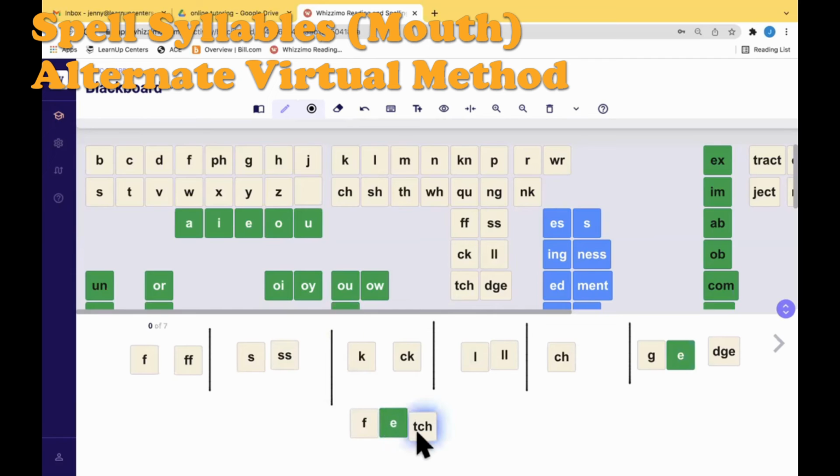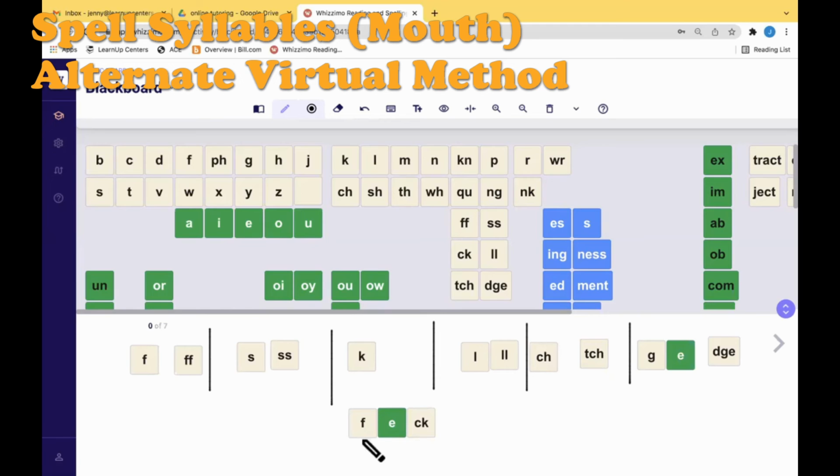Can you say the word feck? Feck. Now let's sound it out. Okay, so we got that. Sound it out. CK. So what do I need to bring up? You gotta return the TCH and put it with a CK. What does that say?